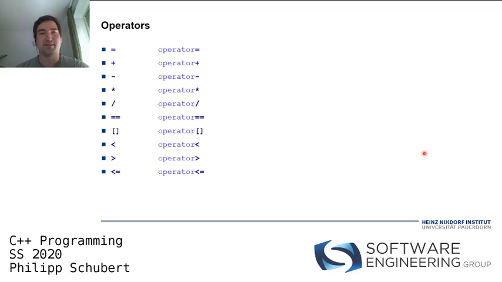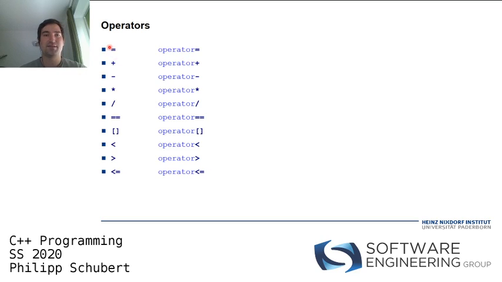So operators, those are some example operators. In C++, if you wish to specify that you are talking about an operator, when you wish to provide an implementation for that operator, you always have to prefix the operator with the operator keyword. So operator is really a keyword.